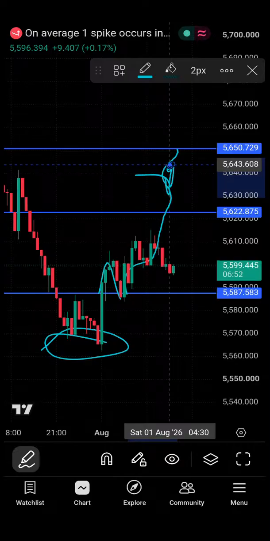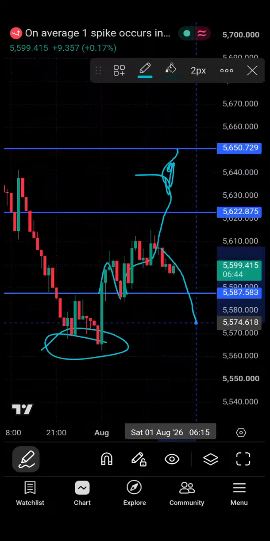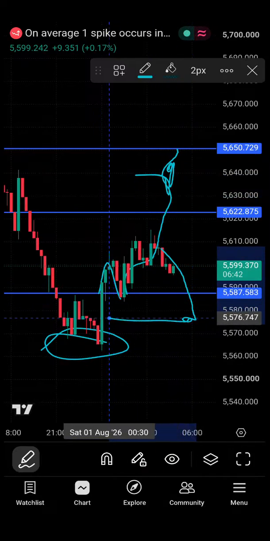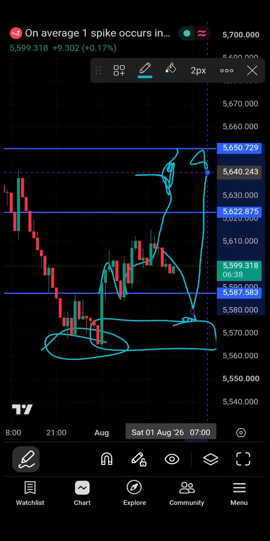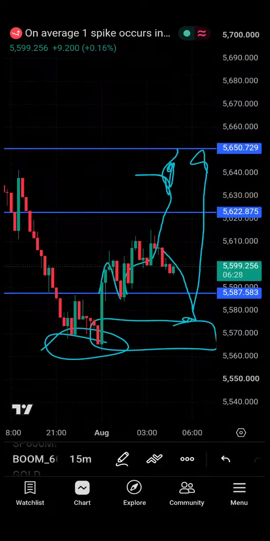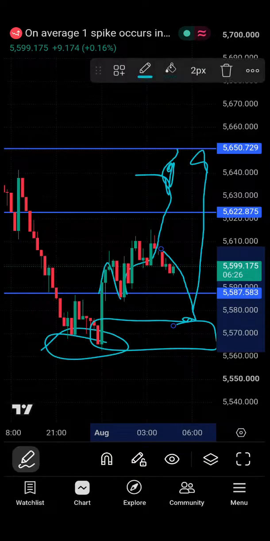Okay. And also, the market can still come test this area before it pushes towards the upside. That's what we can see on the 15-minute time frame. But the smaller time frame is showing us that we should buy Boom 600.